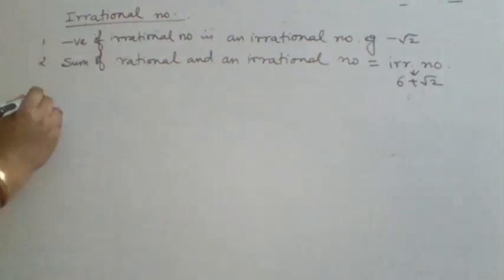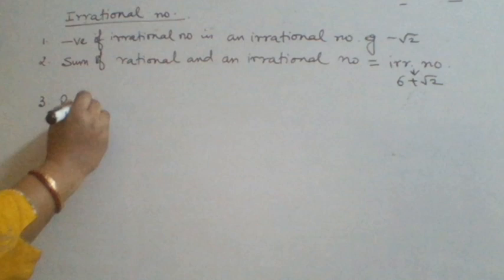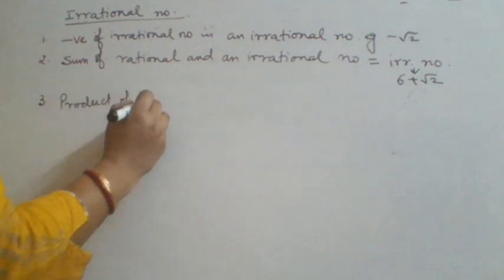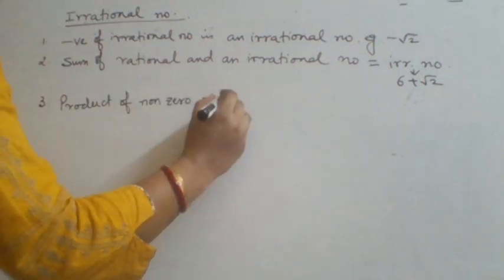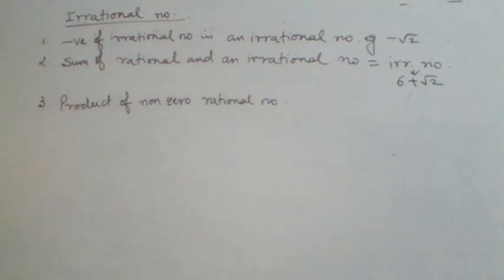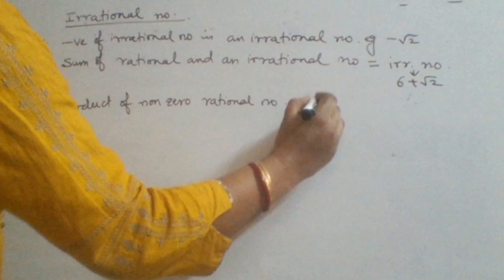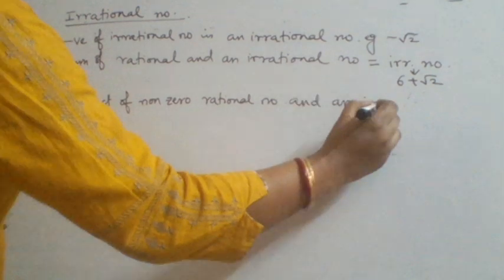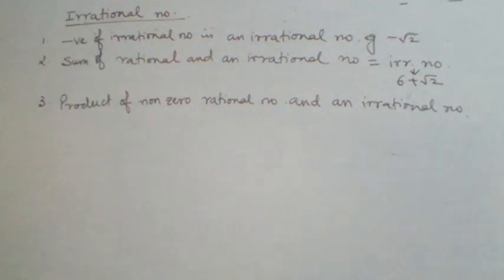Then number 3: the product of a non-zero rational number and an irrational number is an irrational number.